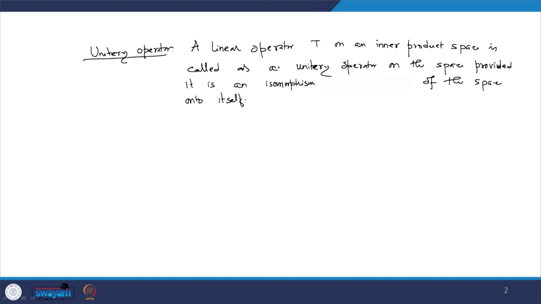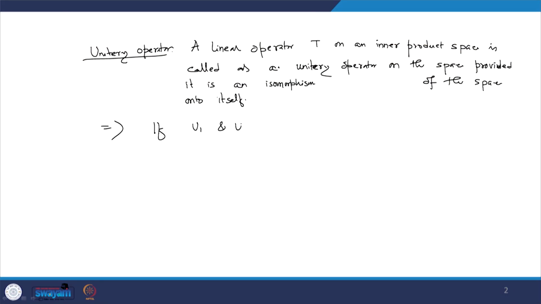Okay, so what I want to show you: a unitary operator on an inner product space is a linear operator T such that it is an isomorphism of the space onto itself. That is, it is one-one, onto and it preserves the inner product.